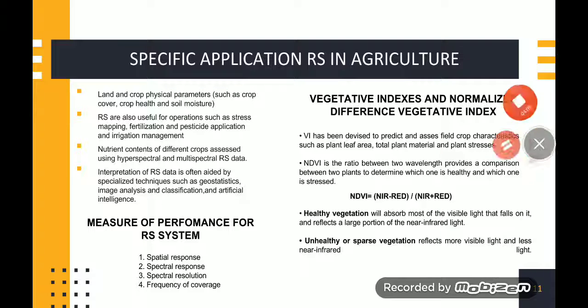So the higher the spectral resolution, it can facilitate fine discrimination between different targets based on the spectral response in each of the narrow bands. For example, if you have a multispectral camera and a hyperspectral camera, the multispectral camera can only differentiate between durian and corn, two different crops.